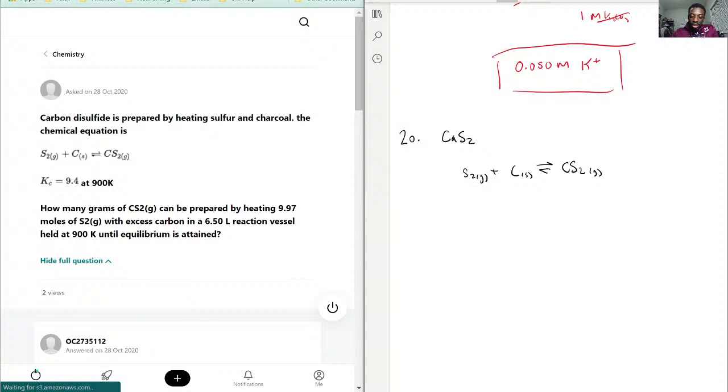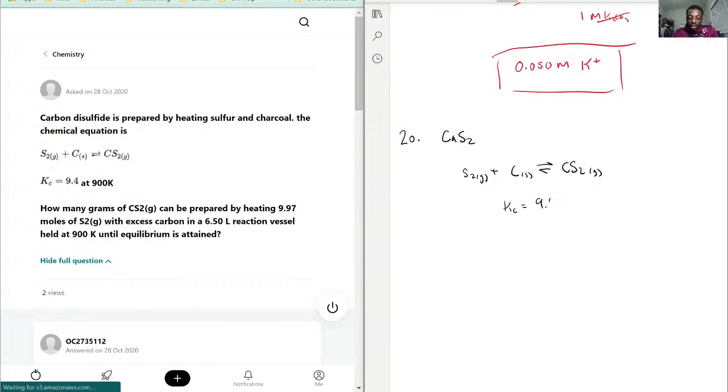And the Kc, which is the... well, not this. I guess the formation slash dissociation equilibrium. There we go. The equilibrium constant. There we go.